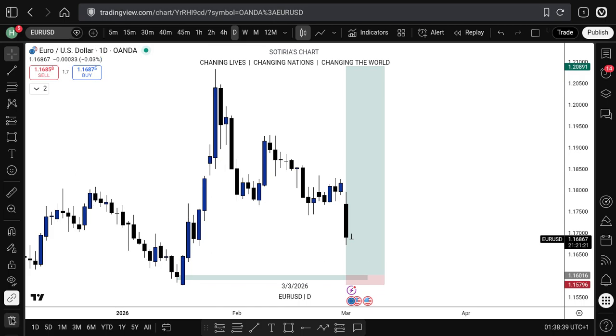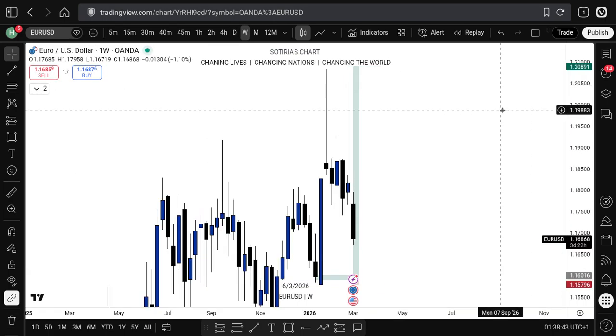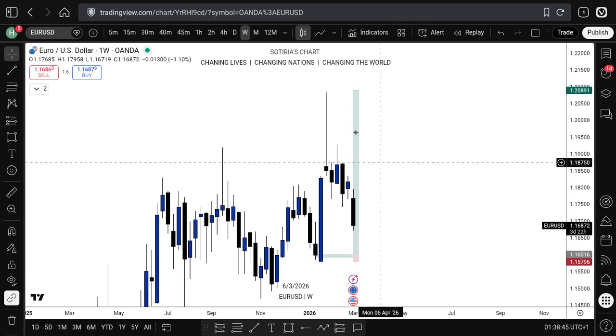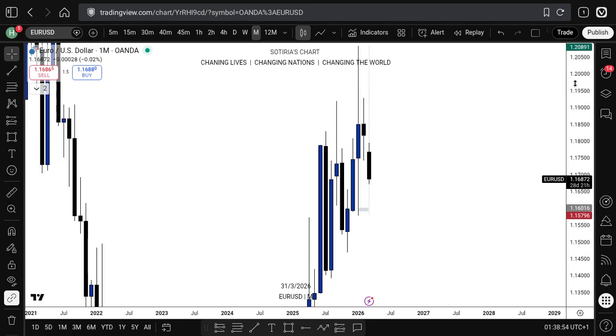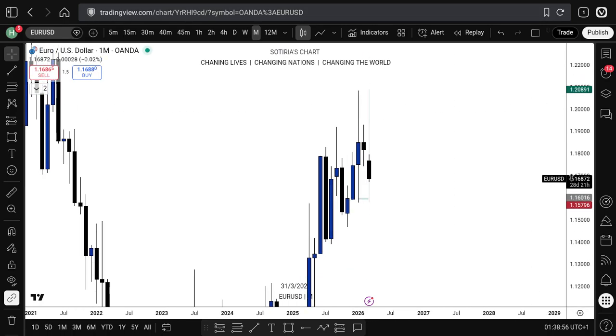On EURUSD, let's start on the monthly. It's a new month. So on the monthly time frame, we can see that we are still bullish. There is still a bullish move showing on EURUSD. But then what is the weekly time frame saying?